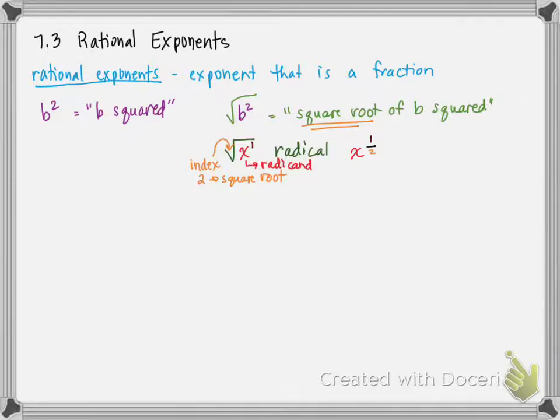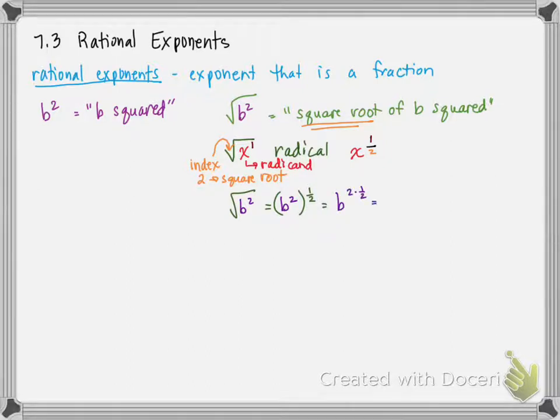Okay? Mind-blowing, I know. So if we go back to our b squared idea, and we take the square root of it, we're basically going to take b squared, and we're going to raise it to the 1/2 power. So when I multiply my exponents, I have 2 times 1/2.